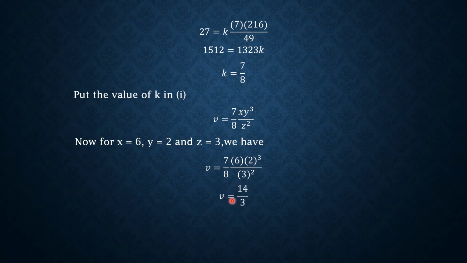Now after cancellation, we have v equal to 14 by 3, as 2 cube equals 8 and 8 will be cancelled by 8, and 3 square will be 9. So 6 by 9 we will get in denominator as 3. So 7 into 2 will be 14 by 3.